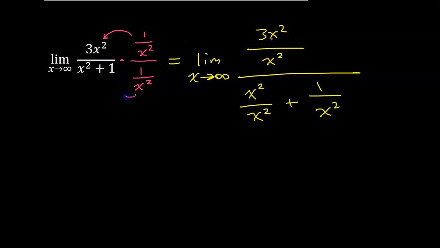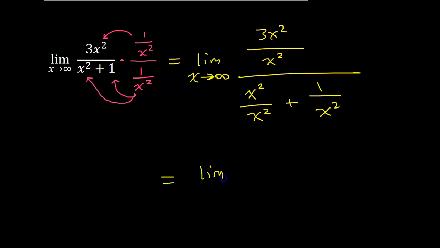And in the denominator, when I do the distributive property, I'm going to wind up dividing each term by x squared. But if you look at it this way, you can see that I'm just multiplying by the same thing over itself. So this is a form of multiplying by 1. So of course that's valid. Multiplying by 1 is not going to change the value of the expression. So this is okay to do. Now let's simplify.